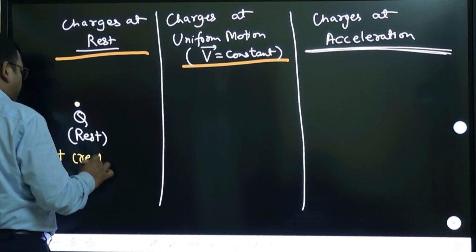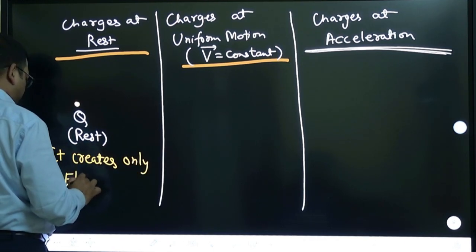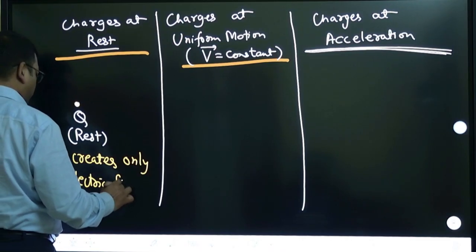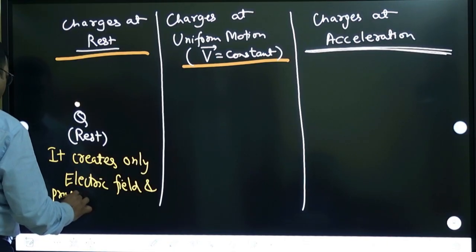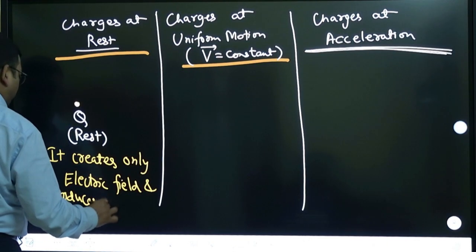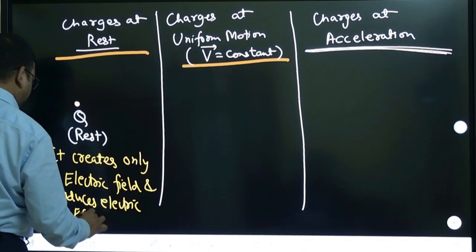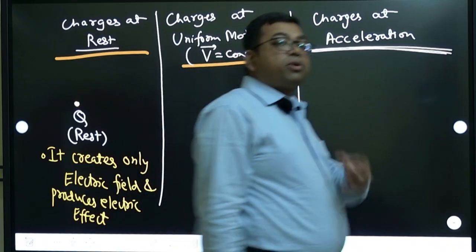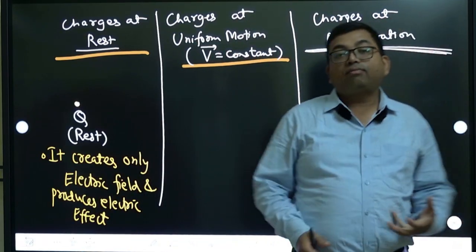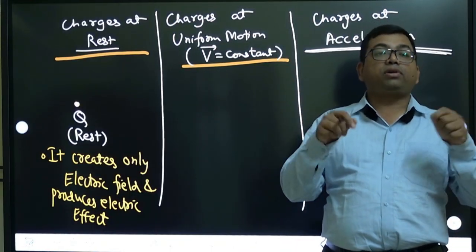It creates only an electric field and produces electric effect. Because it only produces electric field, it will show electric effect. Electric effect means if you bring any charge, it will experience force due to that field.